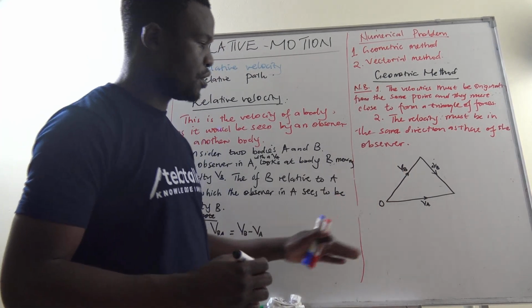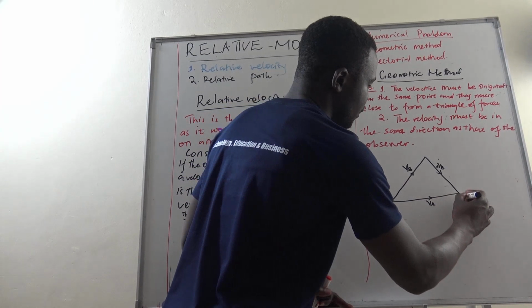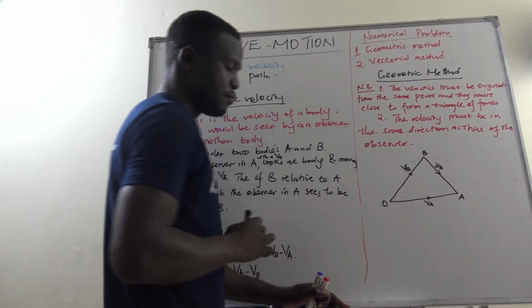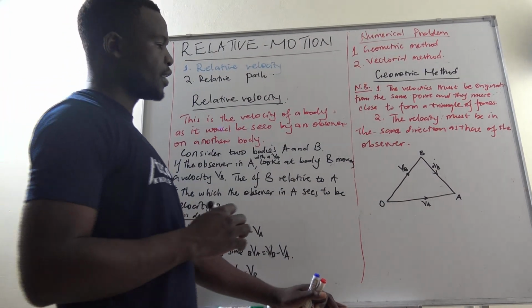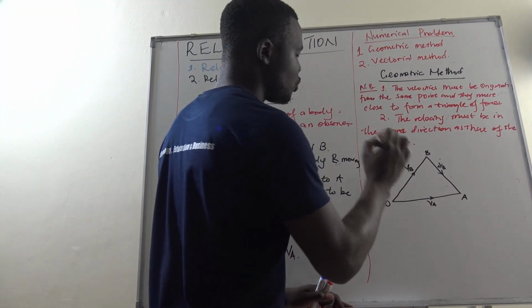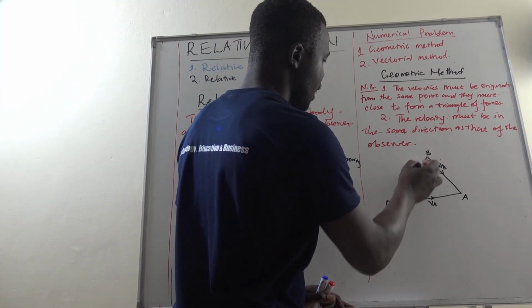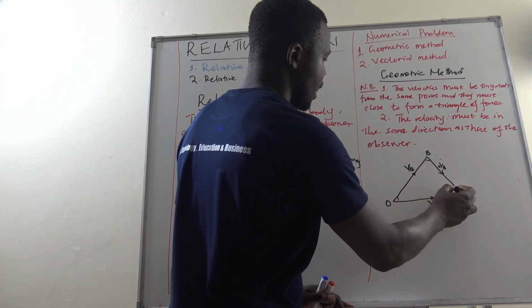Relative to B. Now, if I call this point A and this is point B. Now, this is our triangle of velocities, and we have various angles.